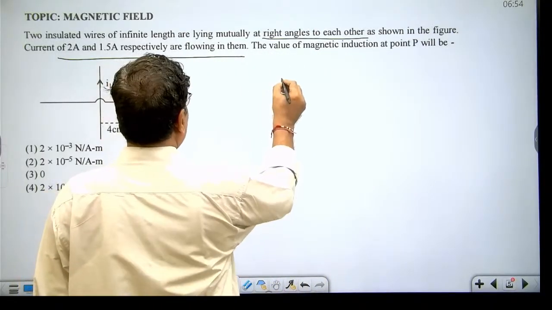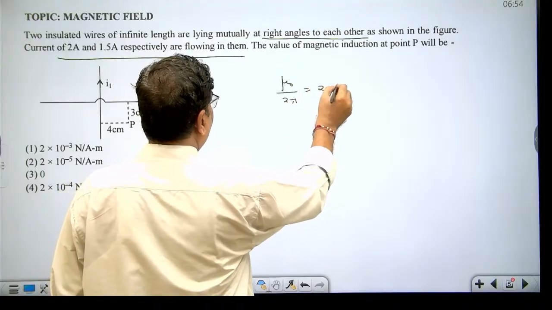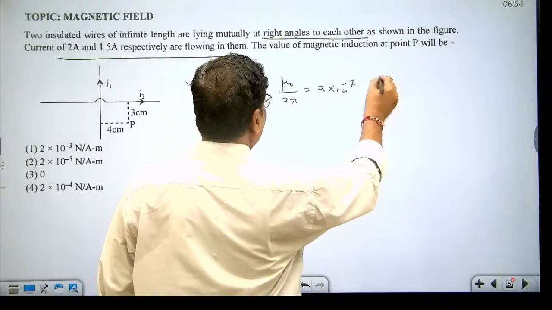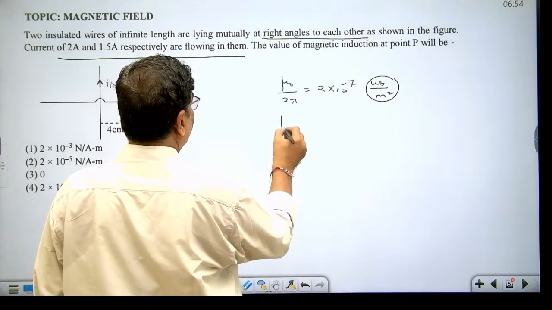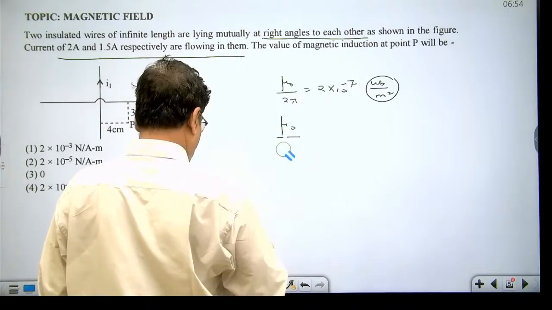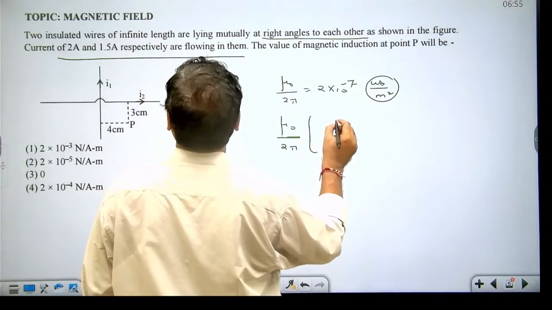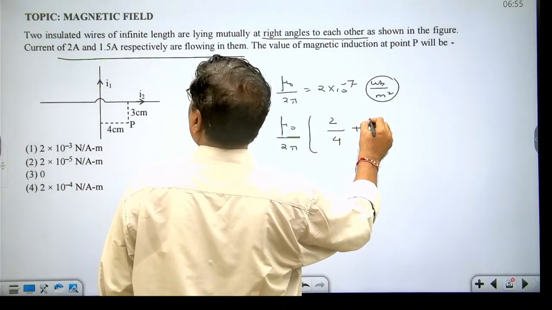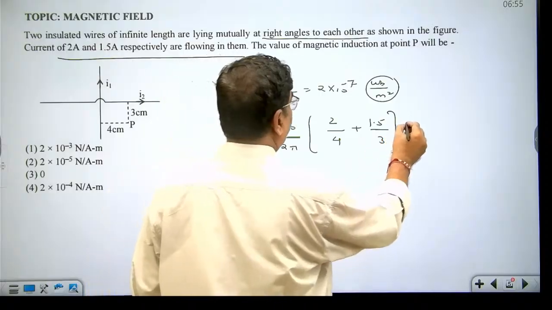So at point P, the value of mu 0 upon 2 pi is 2 into 10 power minus 7 Weber upon meter square or Tesla or Newton upon ampere meter. So the resultant magnetic field, because it is downward, is mu 0 upon 2 pi times I1 upon r1 plus I2 upon r2, that is 2 upon 4 plus 1.5 upon 3, and we convert centimeter into meter.